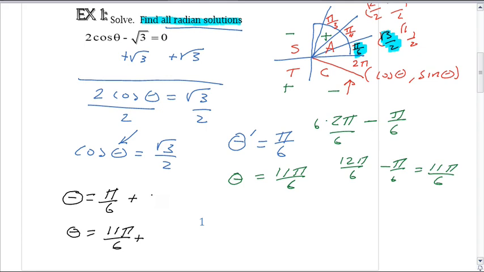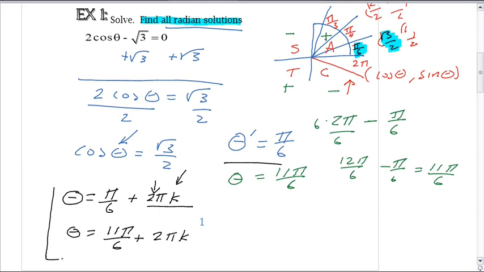We also have 2 pi, and you can write k or n solutions, meaning if I put in a 0, I get my reference angle, my pi over 6. If I put a 1 in, it just means I'm going my reference angle plus 360. If I put a 2 in, so forth, so on. If I put a negative value in, this accounts for all the solutions. This is my period, and this is just some variable k. So here, for my second angle, 11 pi over 6, I can also say that 2 pi times k is added.